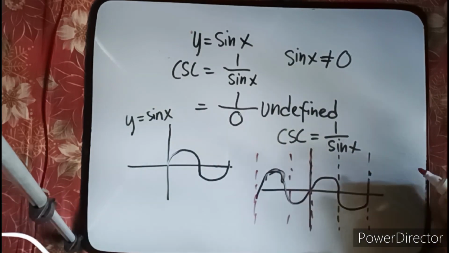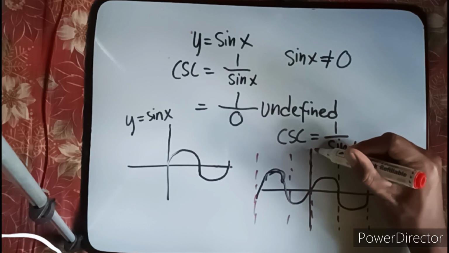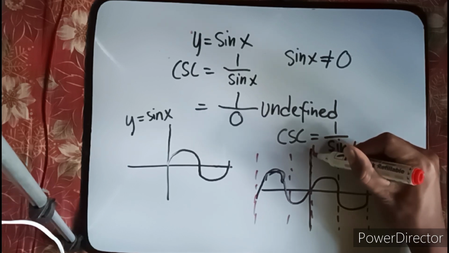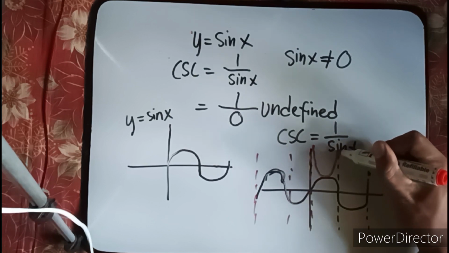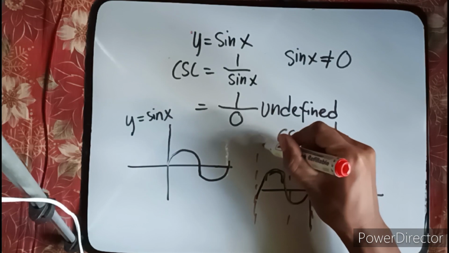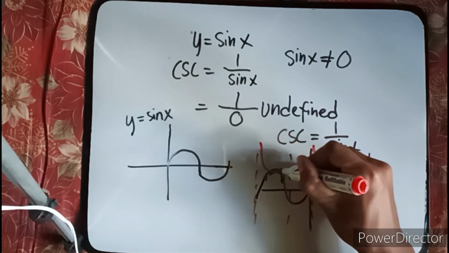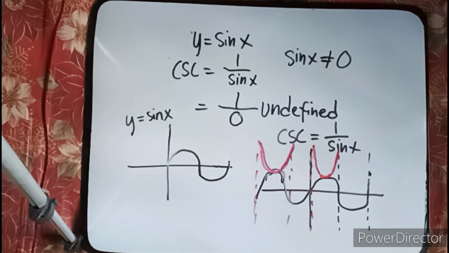So this will be our graph of the cosecant function, which is the reciprocal of the sine function. So this is how to graph a cosecant function.